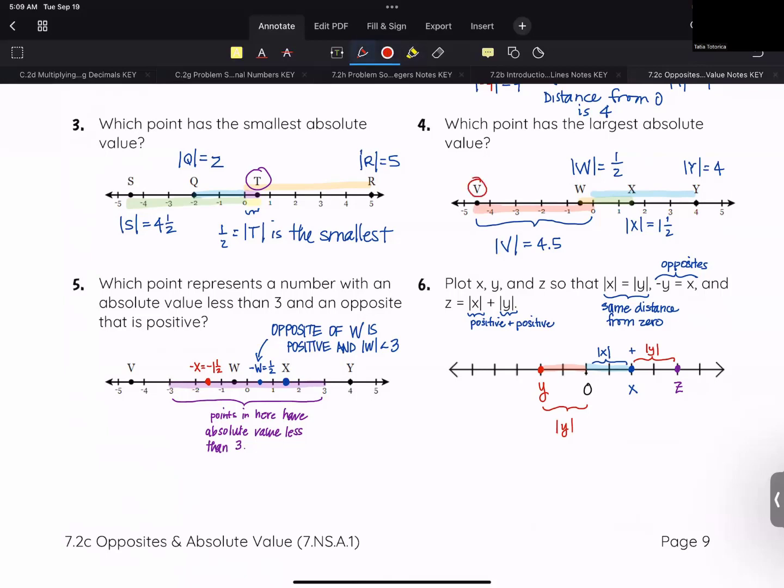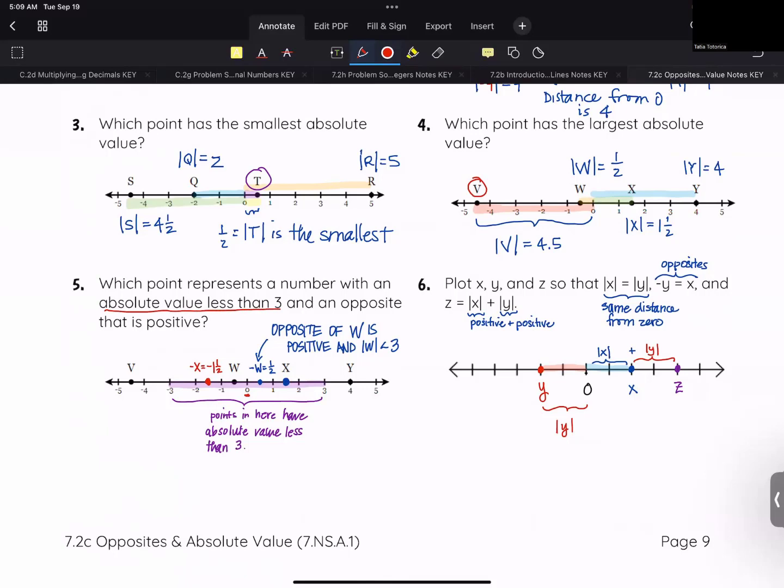Number 5, I want to know which point represents a number that has an absolute value less than 3 and an opposite that is positive. So we look at where 0 is, and then we need to be able to go 3 to the right or 3 to the left. So any point in this purple area is going to be something that satisfies the condition that the absolute value is less than 3.